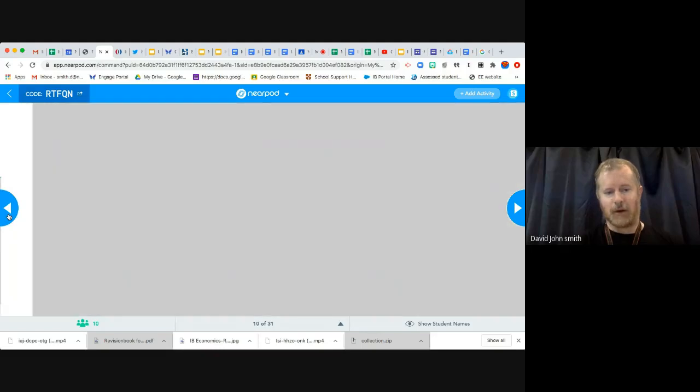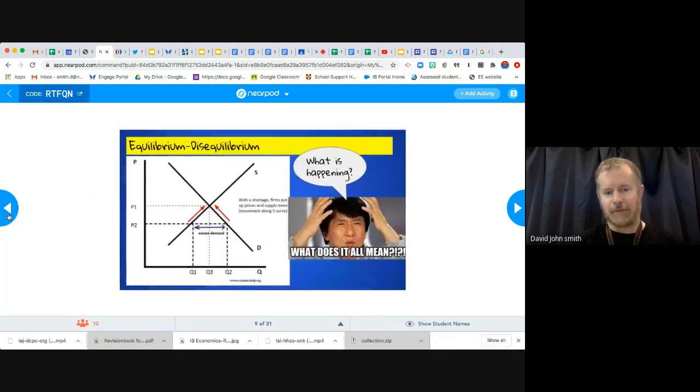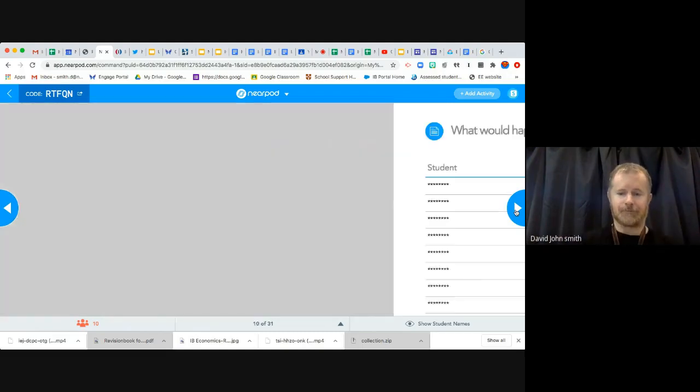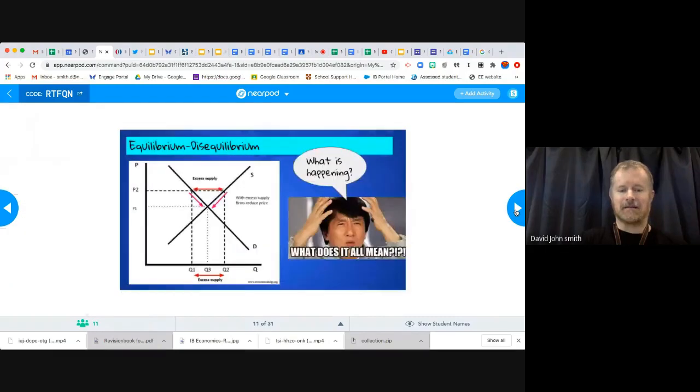All right, for the other one, this one, here you're talking about a shortage being created. So the consumers are actually going to bid up the price, and as they bid up the price, there's an increase in quantity supplied, and you end up again back at the equilibrium. All right? You need to be able to explain the process, the movement from a disequilibrium to an equilibrium. And that's skill number one.